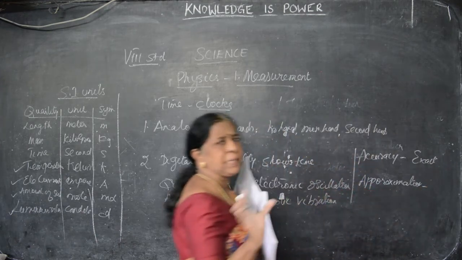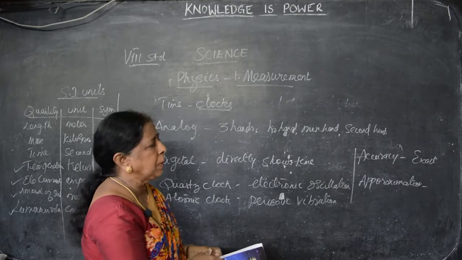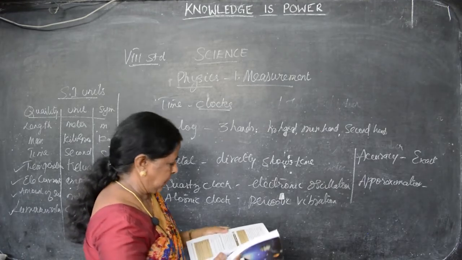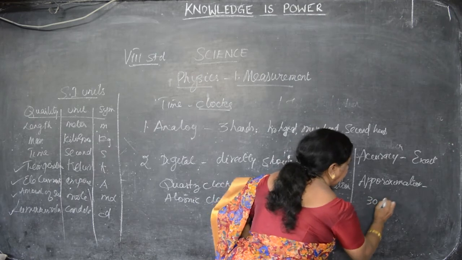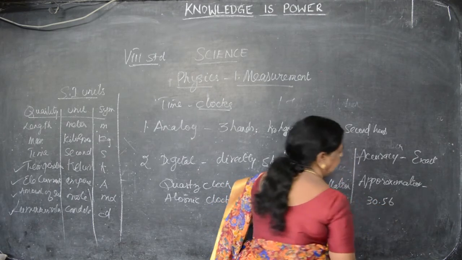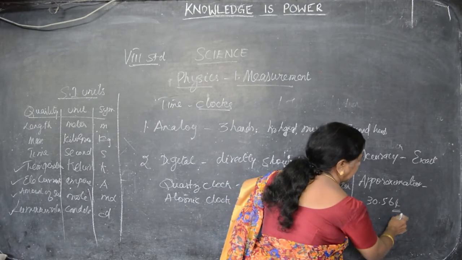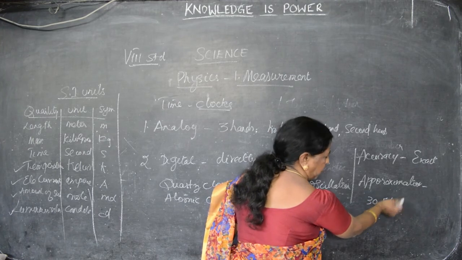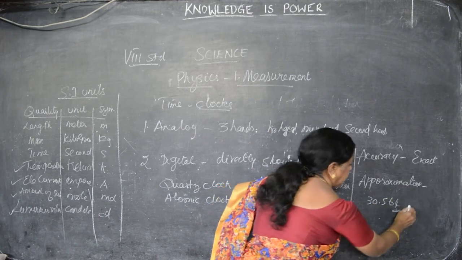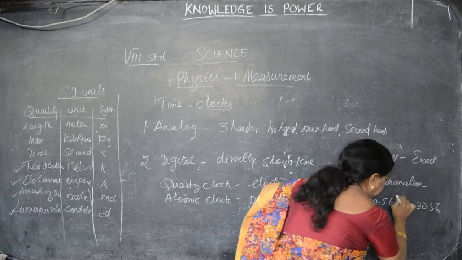With approximation, we say it may be approximately this. Whatever the time may be, we can make it round off. For example, 30.564. We have to make it into a single decimal digit. See here, what's the digit number? Here it is 4. If it is less than 5, you have to write 30.56 only. We neglect the 4.